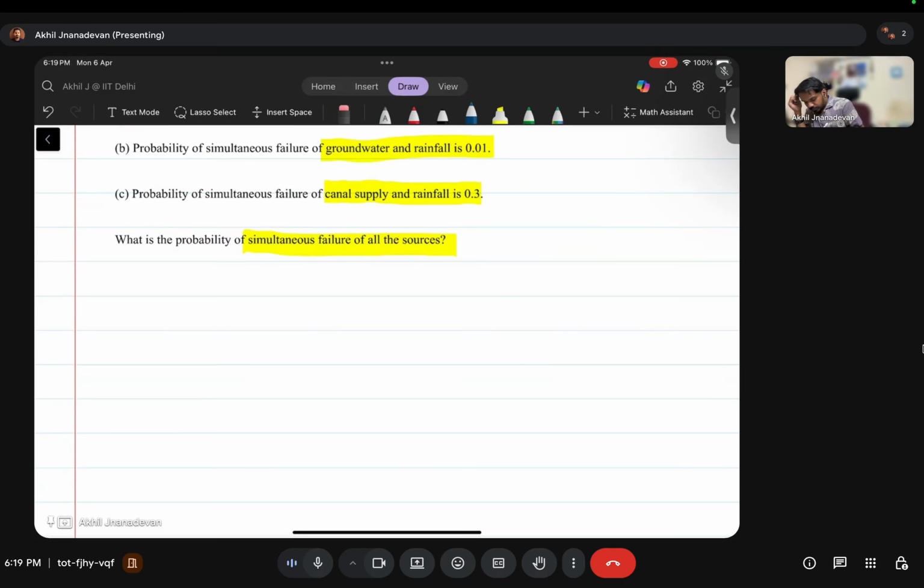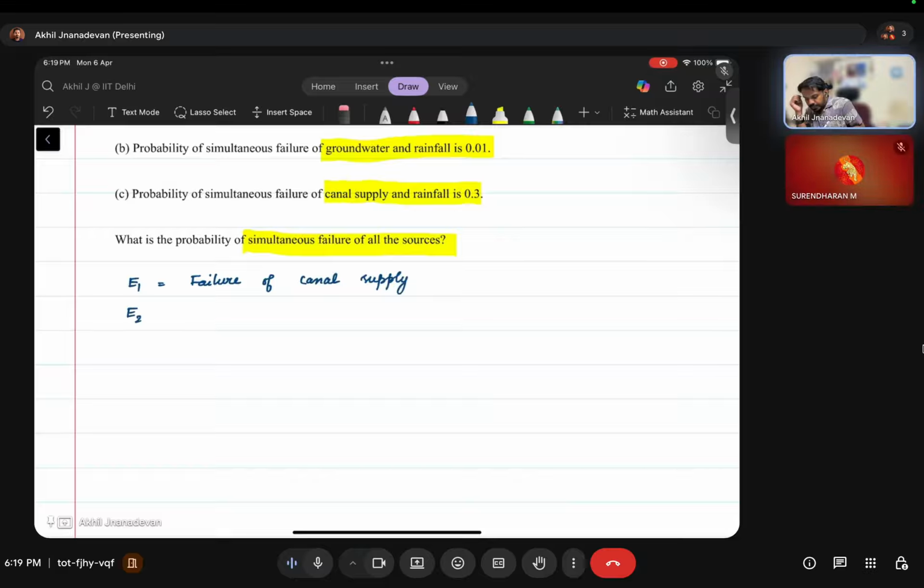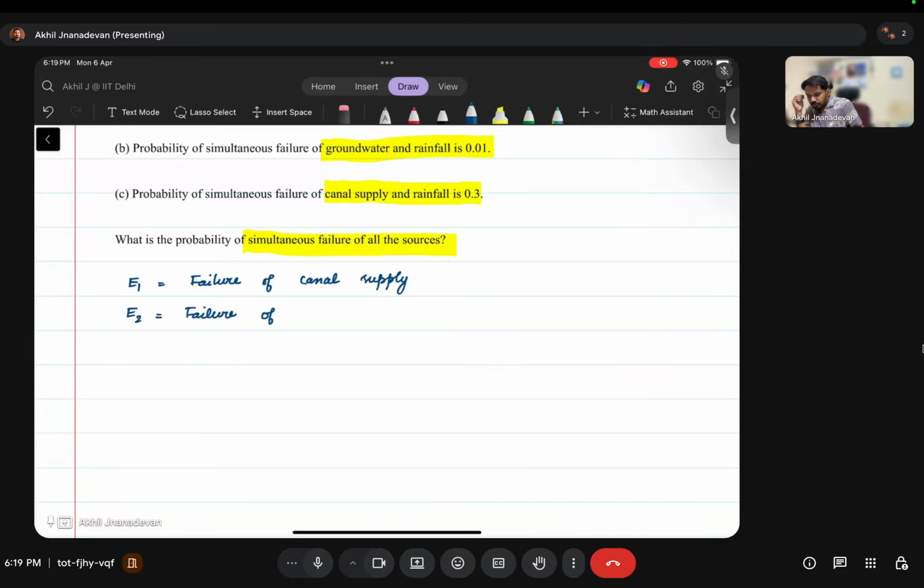We can name the events: E1 is failure of canal supply, E2 is failure of groundwater source, and E3 is failure of rainfall source.